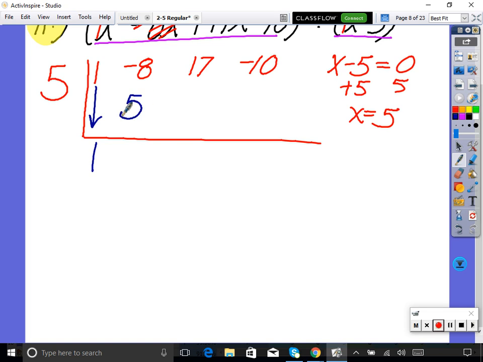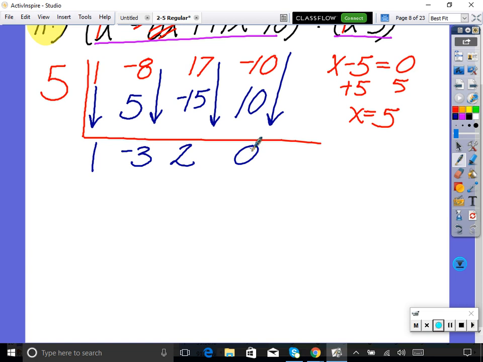Add straight down: negative 8 plus 5 is negative 3. Now multiply back up. Negative 3 times 5 is negative 15. Add straight down, multiply up. Add straight down: 2. 2 times 5 is 10. We add straight down and get 0.